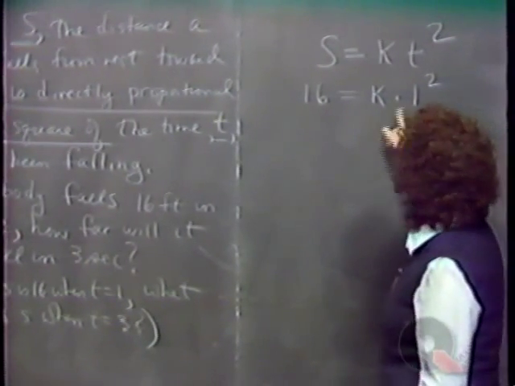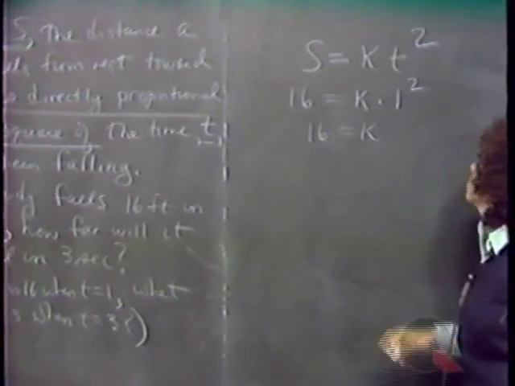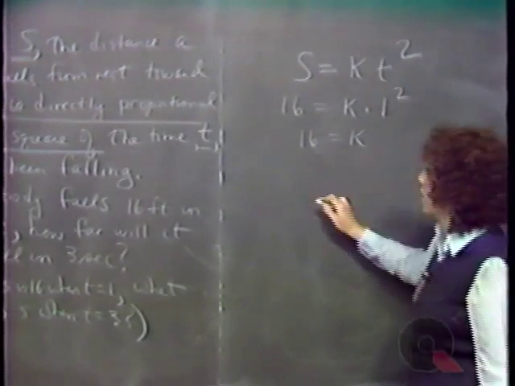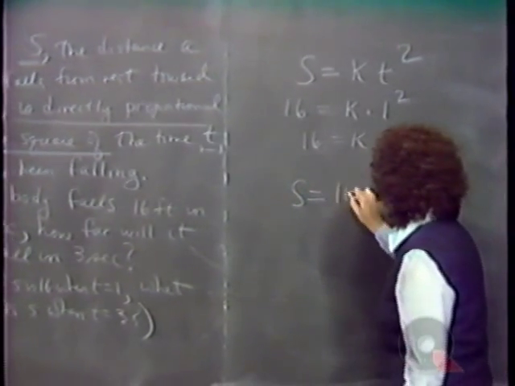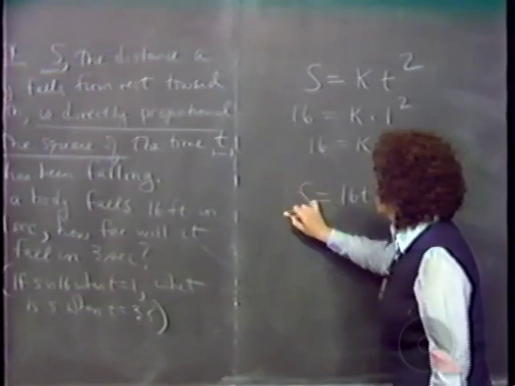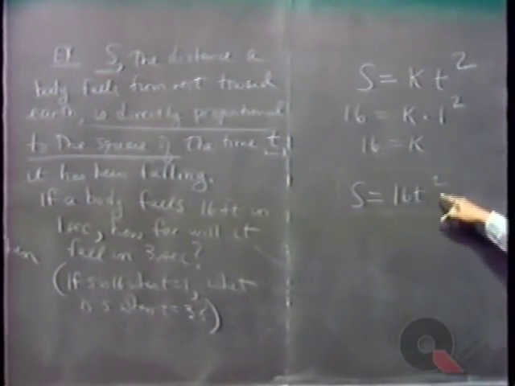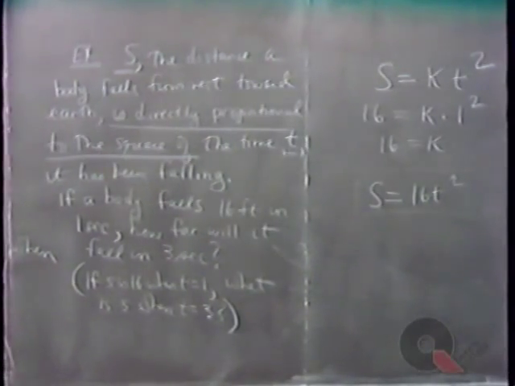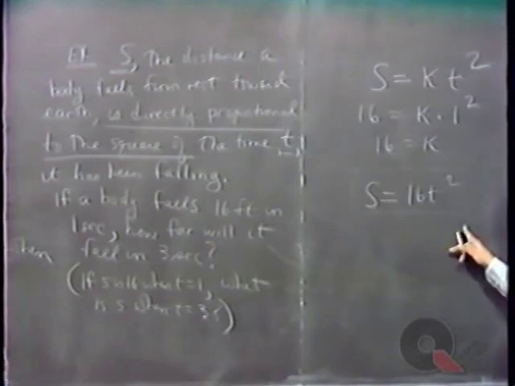From this we can determine that k is equal to 16. Having determined what k is, we can now write the equation as s is equal to 16 t squared. We still have that s is directly proportional to the square of t, but we now know the constant of proportionality. Okay, we can now determine what is s when t is 3.